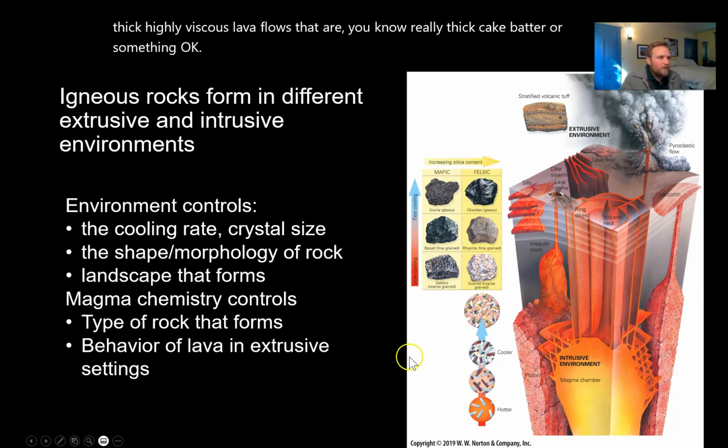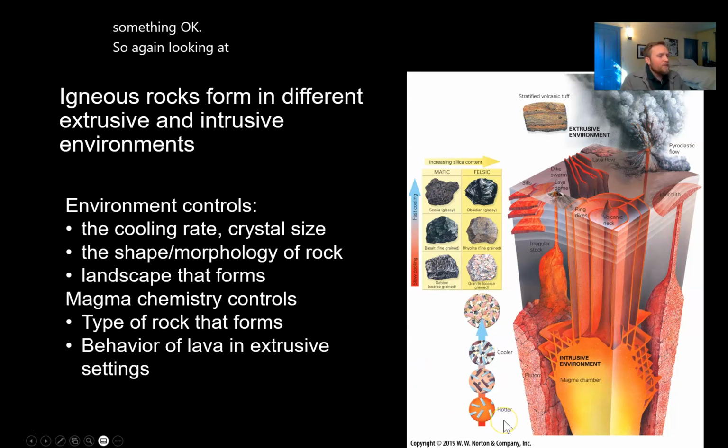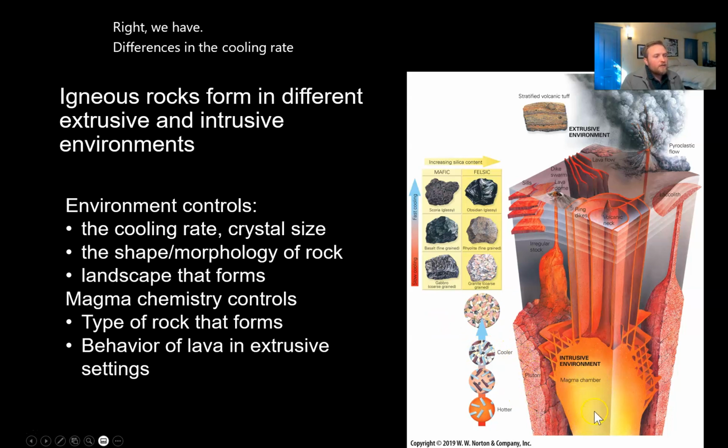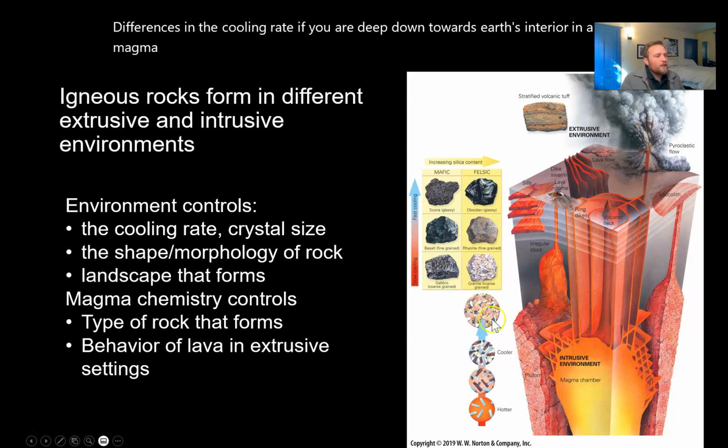So again, looking at this diagram here, I just want to reiterate that we have differences in the cooling rate. If you are deep down towards Earth's interior in a magma chamber, it's going to cool more slowly and you'll get greater grain sizes.